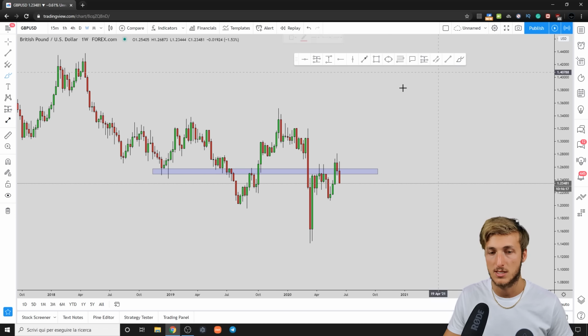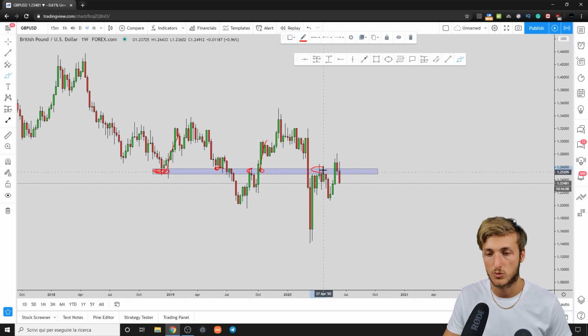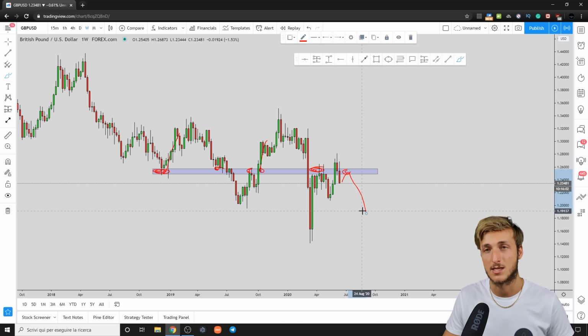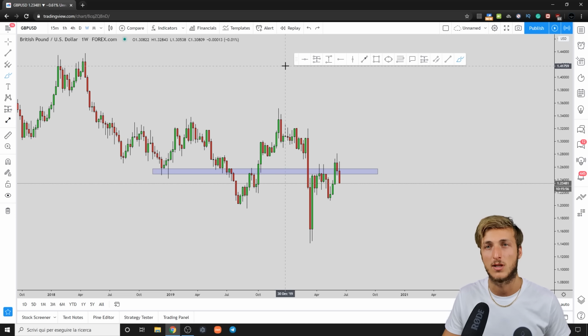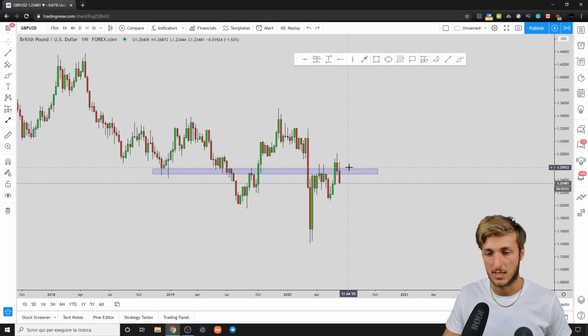In fact, as you can see, it was acting as extremely strong support here, against support here, resistance at this area, the market broke it above, retested it here, acted as support, resistance here, and now the market broke it again to the downside. So it's turned resistance at this area, and we can actually expect the market to go and retest the zone, because after a strong level breaks, we definitely expect the market to go and retest it.